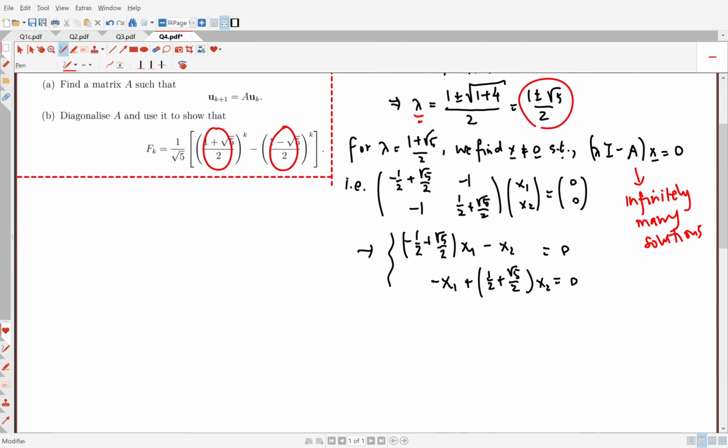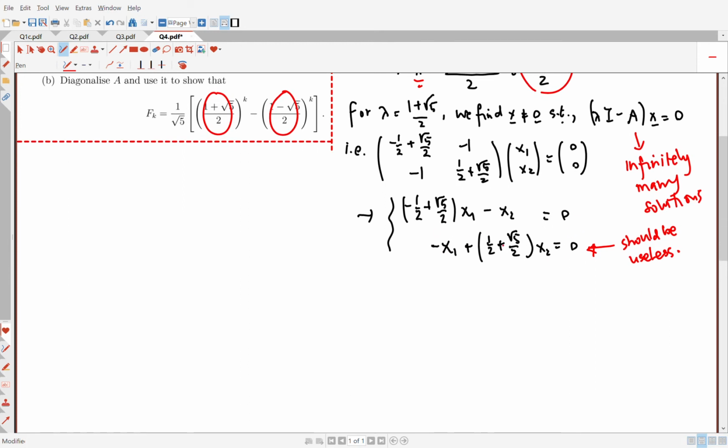It also means that one of the equations should be useless. What I mean by useless is if you can find a solution for x1 and x2 from one equation, it must be consistent with the other. Okay, let's just try it out instead of simplifying this.